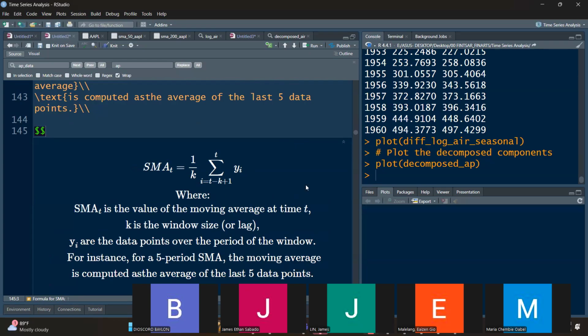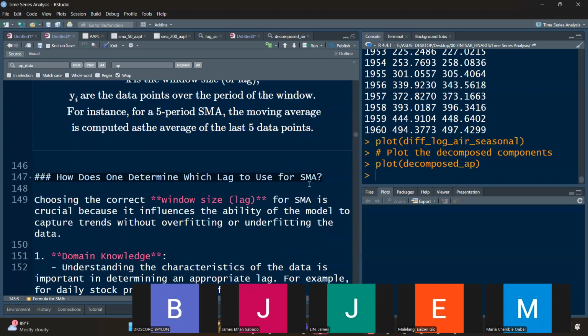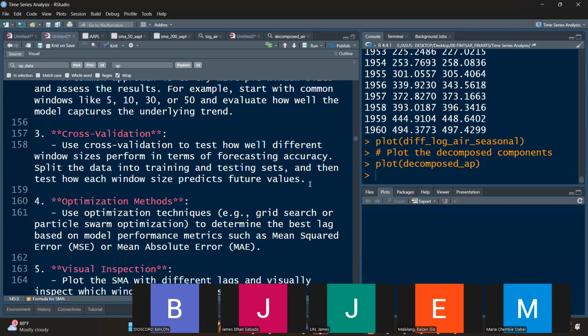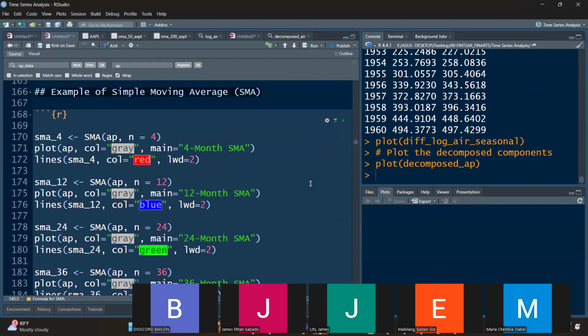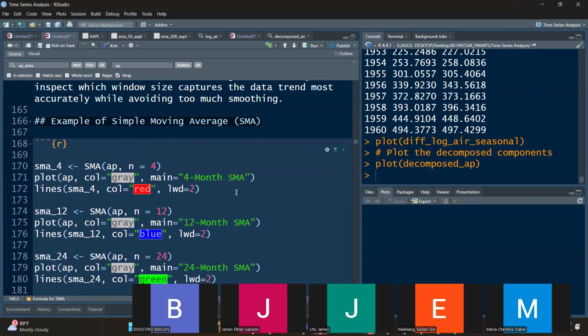So if K is equal to 5, then it will add the 5 previous values and then divide by 5. That will be your first prediction. We learned last time that the bigger the lag, the smoother your data is. We're using SMA, the simple moving average.